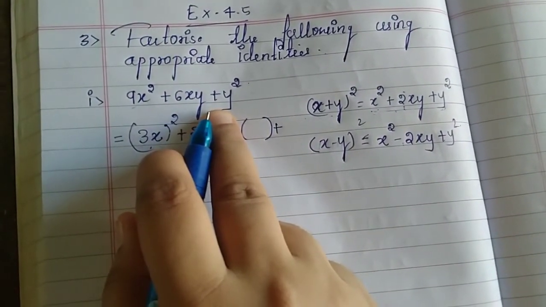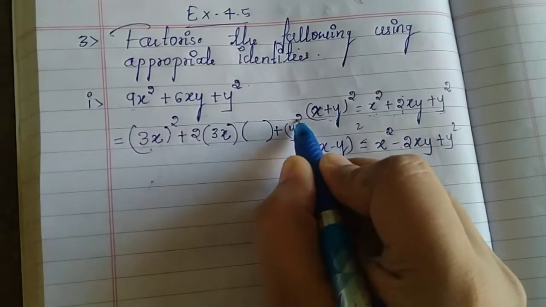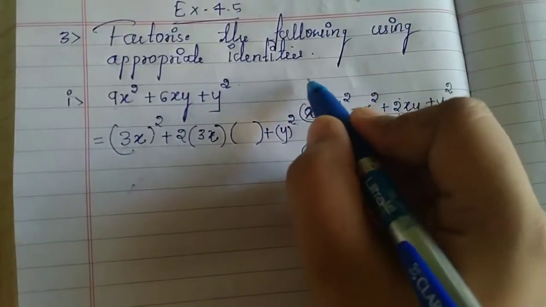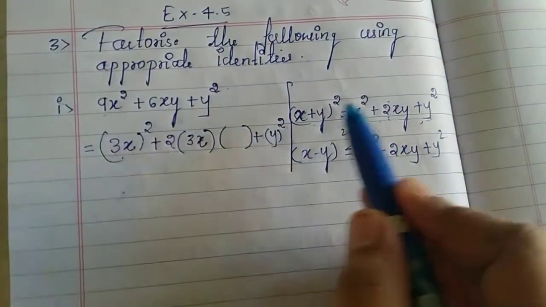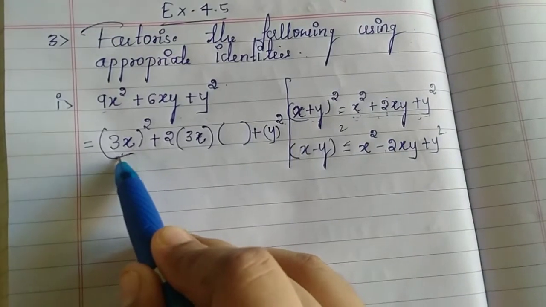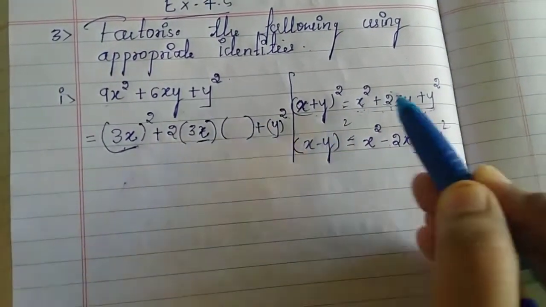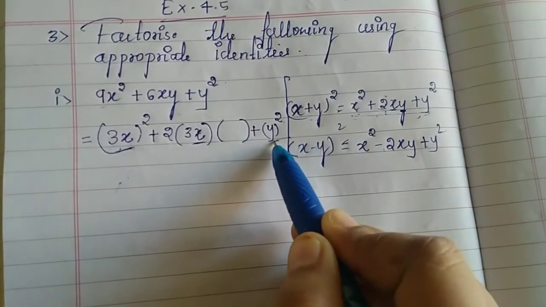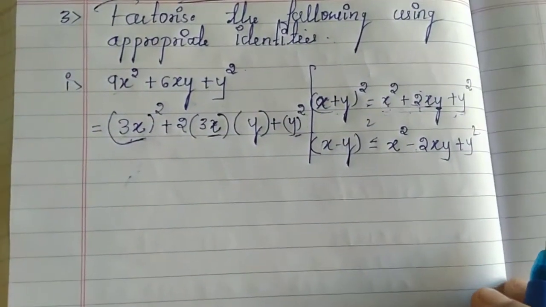You can see here the last term is y square, so you can write this as y the whole square. So you can compare this to this identity, isn't it? In place of x here 3x is there, and in place of y you can see which term is there, only y. So you can write over here y.